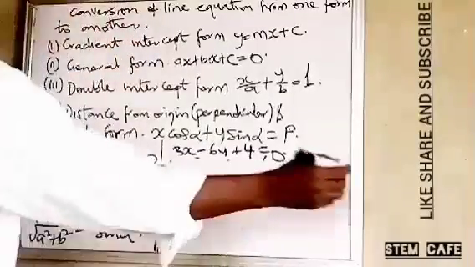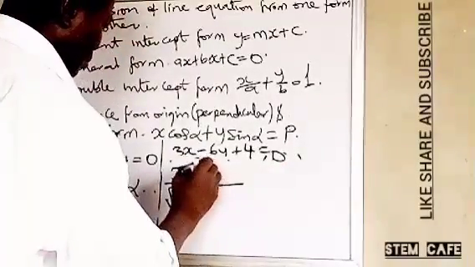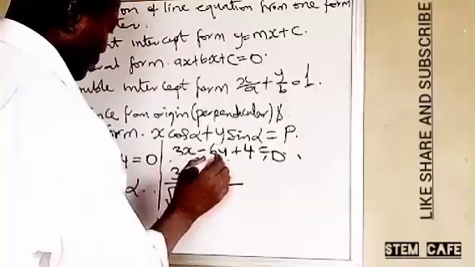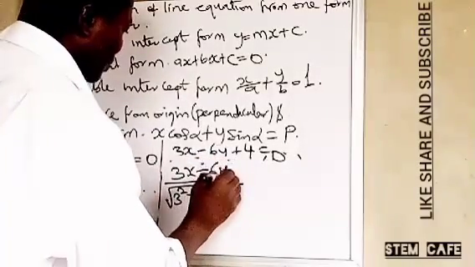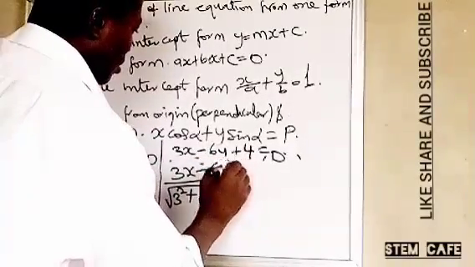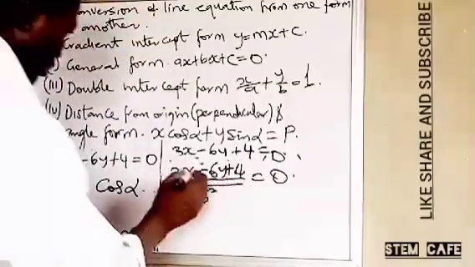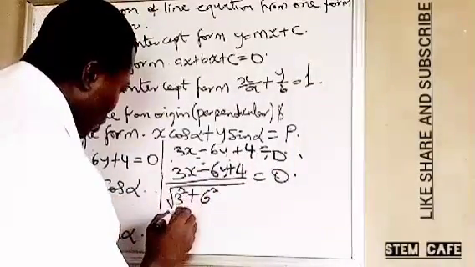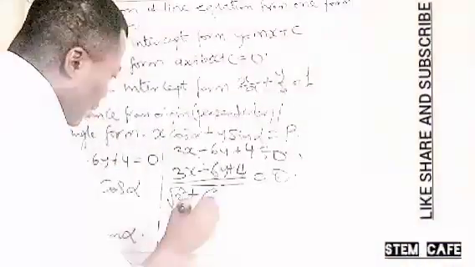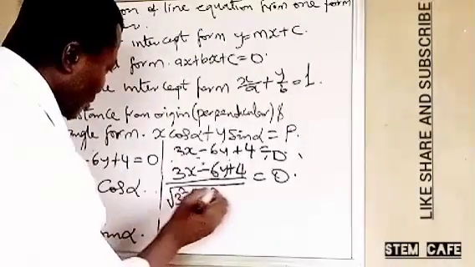Since the denominator is equal all through, I make it like this: minus 6y plus 4 equals 0. So I'm going to have 9 plus 36, which is 45.